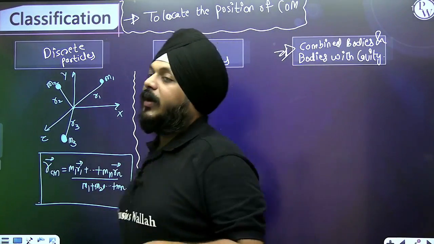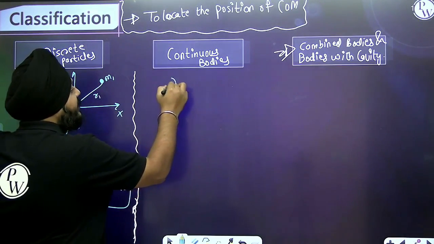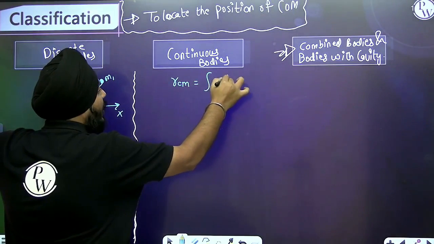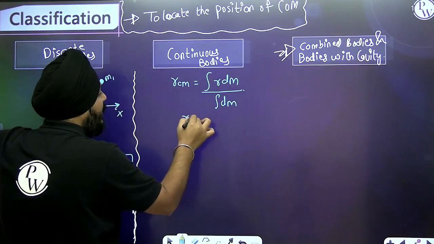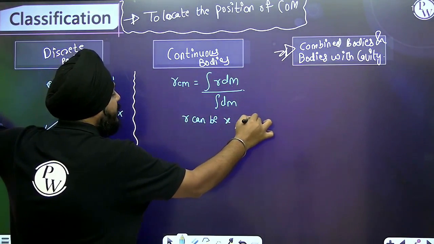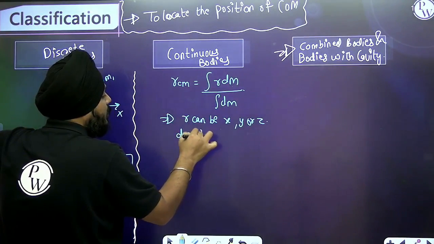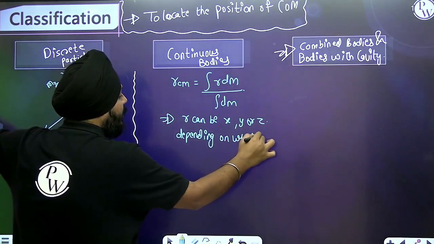For continuous bodies, the r center of mass is equal to the integration of r dm whole divided by the integration of dm. This r can be x, y or z depending on how the mass is distributed.